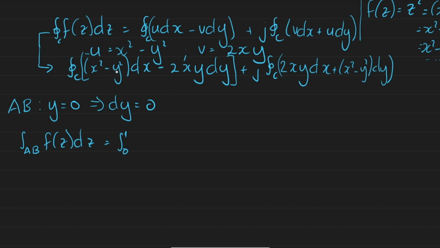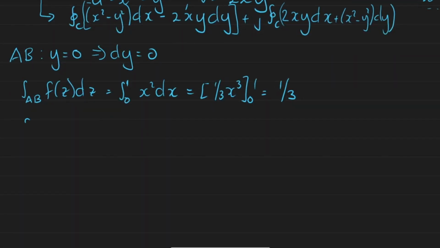And we have x squared minus y squared, with y equal to 0, so all we have is x squared dx. This is the only term that we have. If we integrate that, we get 1 over 3 x cubed from 0 to 1, and that gives us 1 over 3. So we can now do it for B to C of f(z) dz.